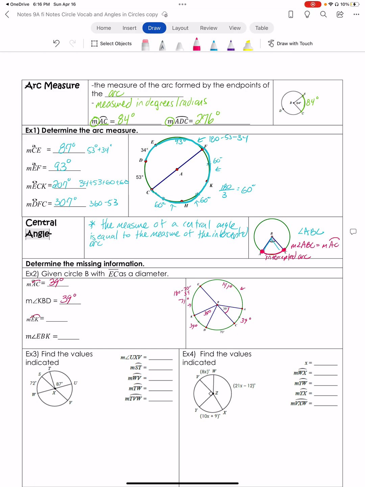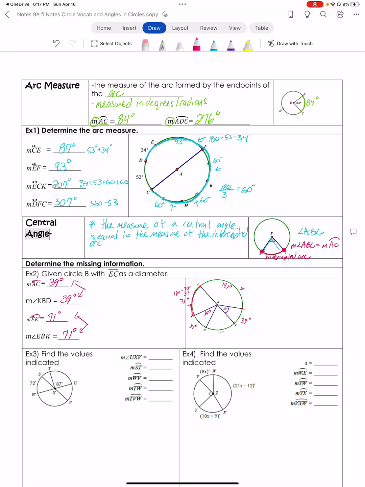The measure of arc EK is going to be this one right here, which is 71 degrees. The measure of angle EBK is also going to be 71, or KBD. EBK is also 71 degrees. So again, make sure intercepted arc and central angles are the same.